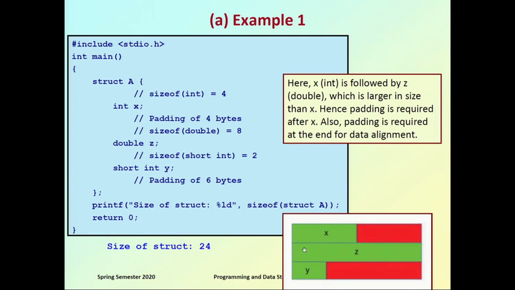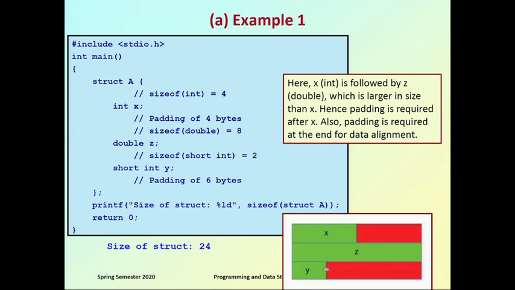So there will be no alignment problem between x and z. Next is short int y, which is 2 bytes. Padding is also required at the end for data alignment. Since no more variables are declared, I cannot stop here, because the structure must be a multiple of the largest member size, and z is 8 bytes.